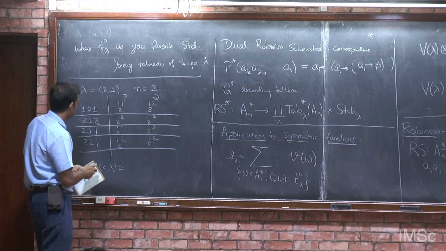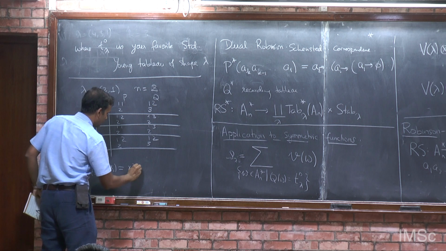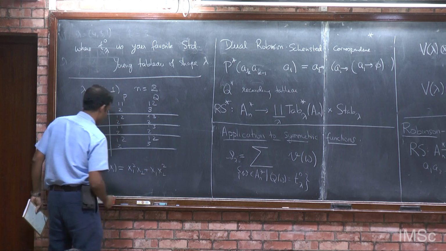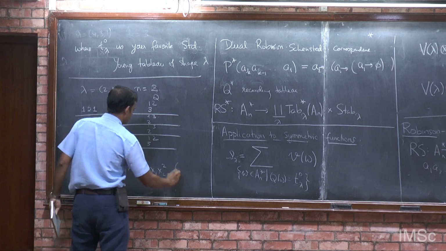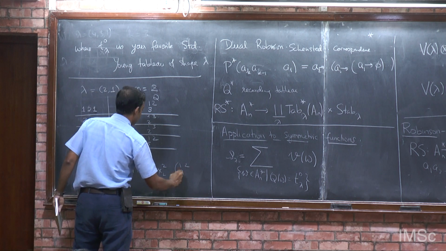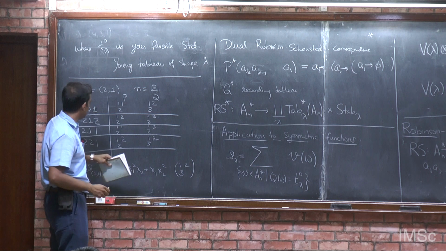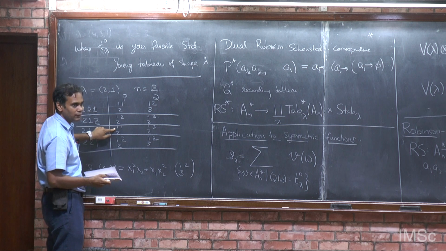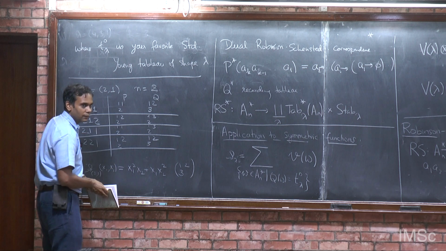You will get x1 squared x2 plus x1 x2 squared. If your favorite tableau is 1, 2, 3, and if your favorite tableau is 1, 3, 2, then also you get one of the words with weight x1 x2 squared and one of the words with x1 squared x2, right.